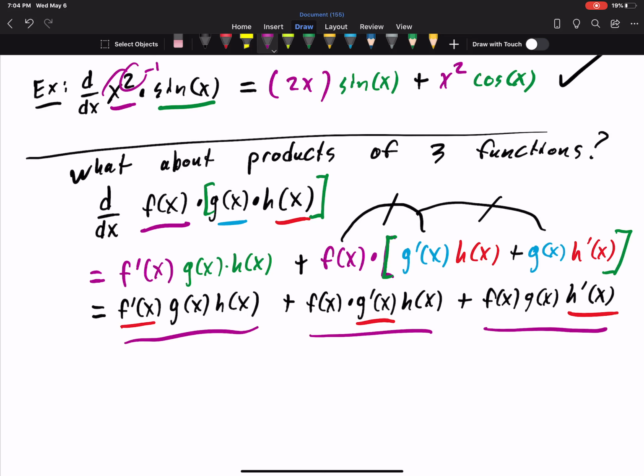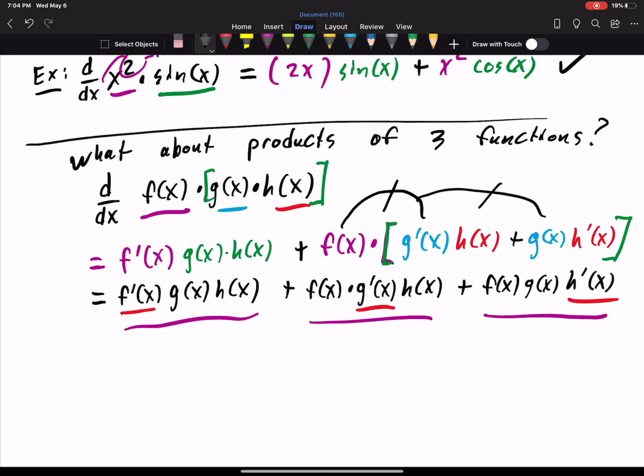So using this, let's do an example of this. Let's use some trig here. We'll do sine of x times x, and let's do this times something else. Let's go with cosine of x. Why not?